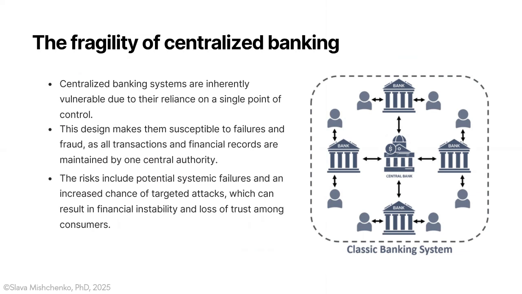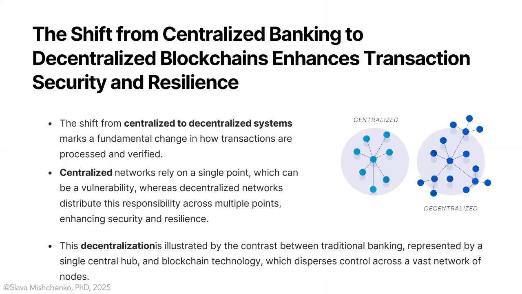This fragility in our banking system isn't just a theoretical concern, it's a real issue that affects consumers' trust and their financial stability. This is precisely why I believe understanding alternative systems is crucial for everyone studying modern finance. This vulnerability in centralized banking is what led to the development of blockchain technology, which we are going to explore next.